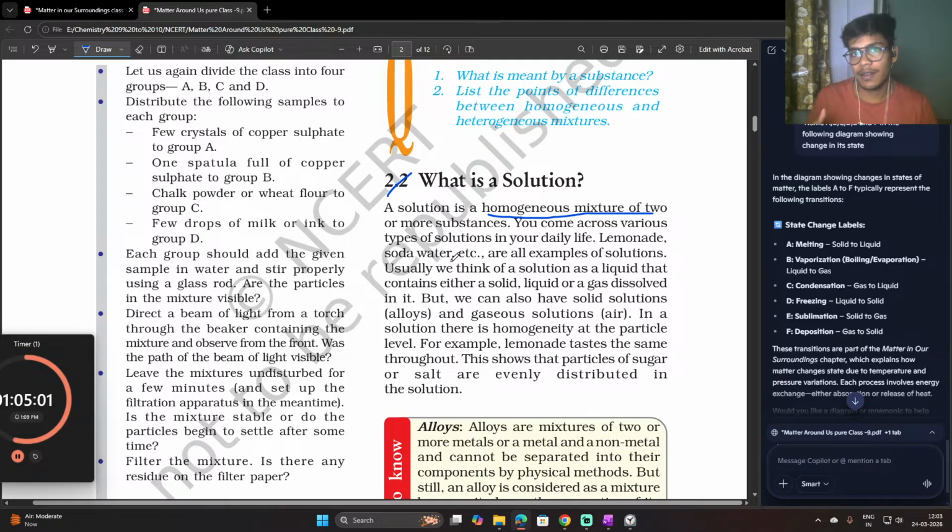That's a proper mixture. You come across various types of solutions in your daily life, like lemonade, soda water, etc. are all examples of solutions. Usually, we think of a solution as a liquid that.